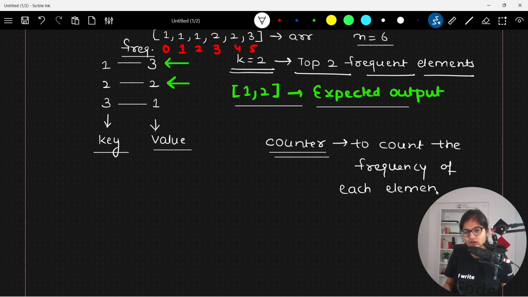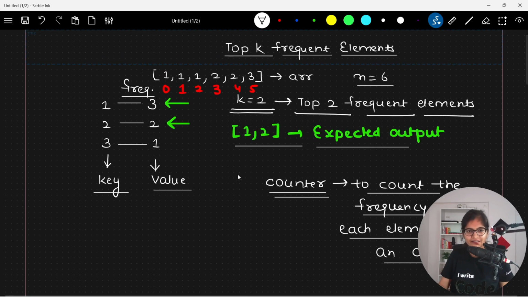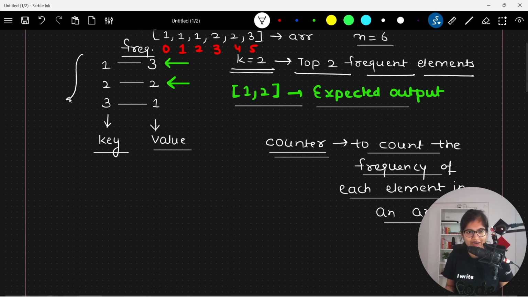This is the responsibility of this particular Counter. So to count the frequency of each element in an array, I can import this particular package from the collections, and then I will be able to find out this particular value.